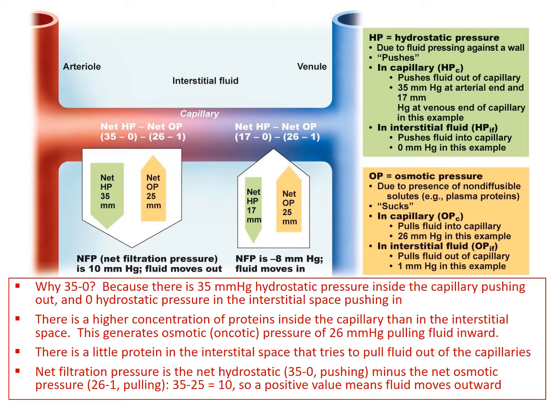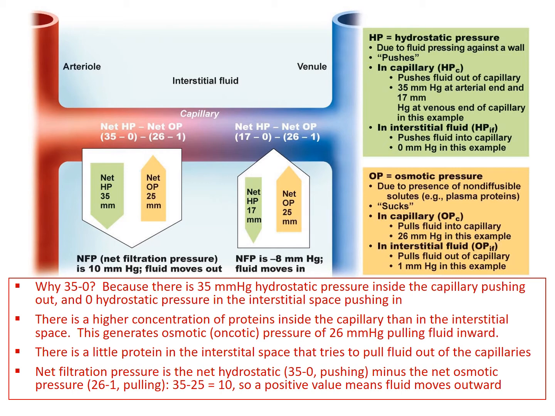The other thing that's going to happen is just basically resistance as you continue to move through the bloodstream. So resistance and an increase in cross-sectional area means that you're going to have, from the arterial end into the capillary bed, a loss of hydrostatic pressure. So what we're going to do is compare the net filtration pressure on the arterial side, on the arteriole side, and on the venule side.